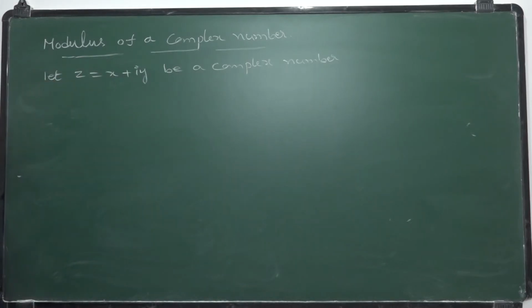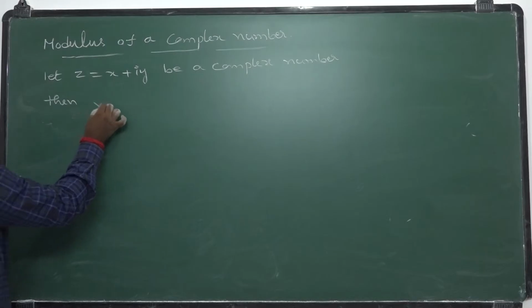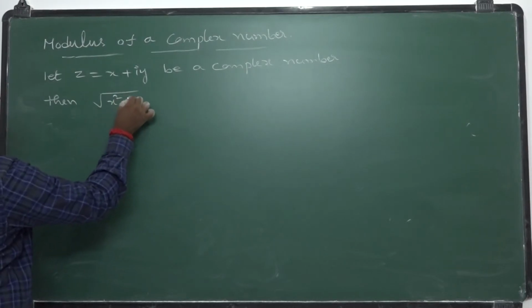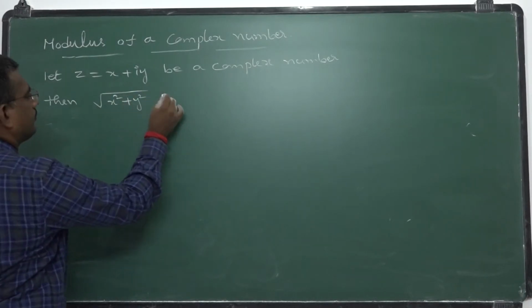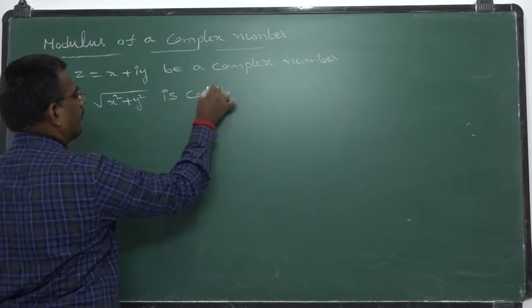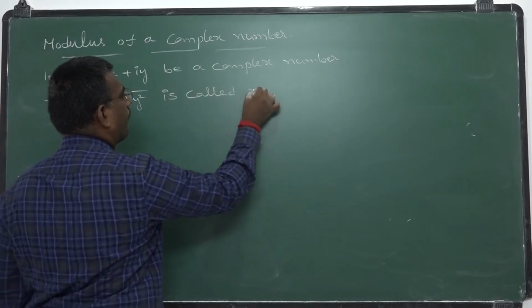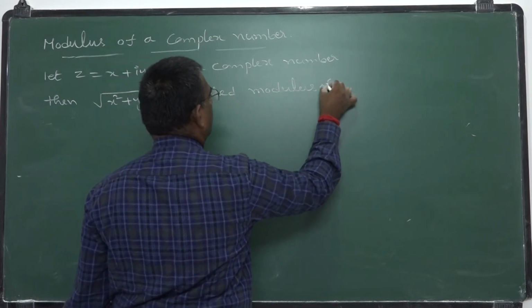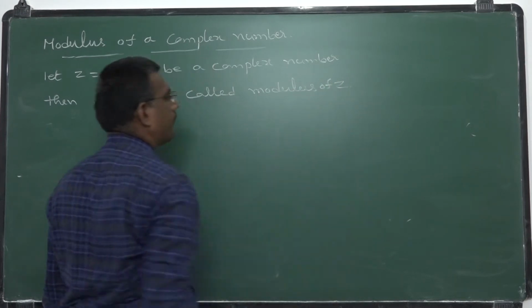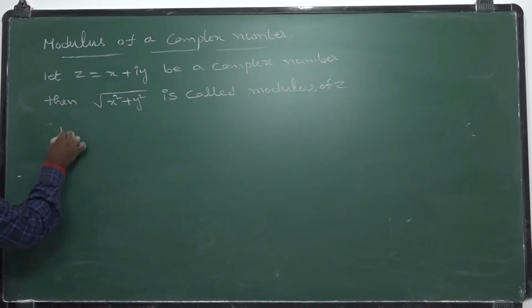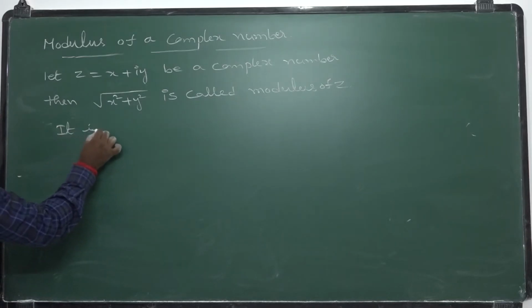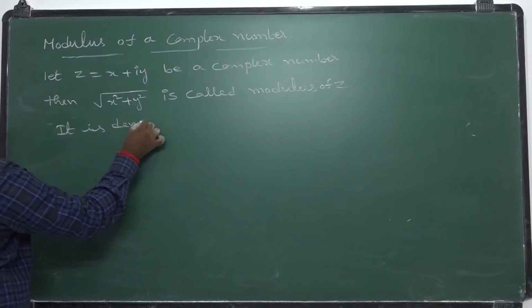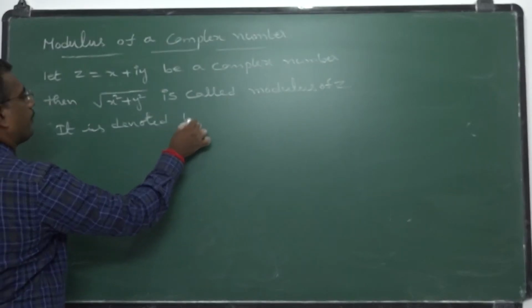Let z equal to x plus iy be a complex number, then root of x square plus y square is called modulus of z. It is denoted by mod z.